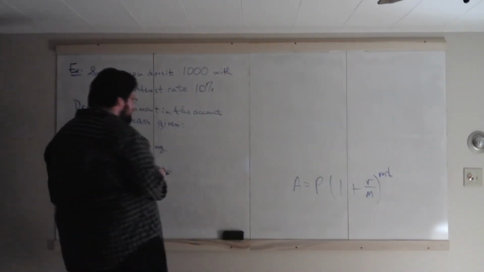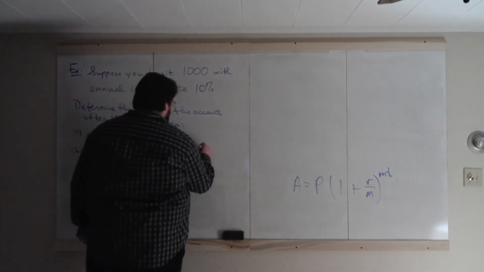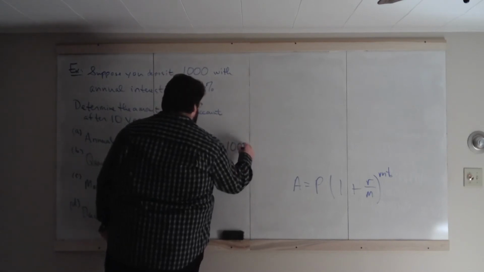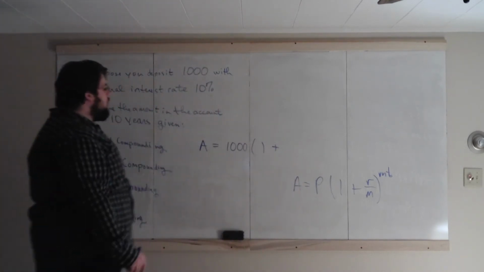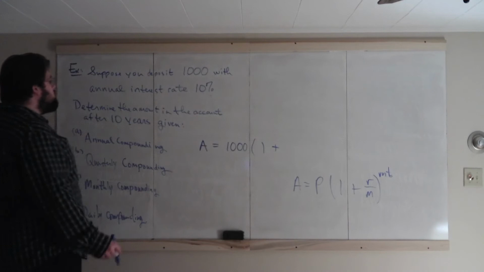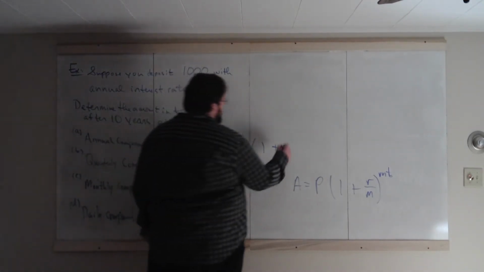So I'm going to just answer these going straight across the board. So for part A, for annual compounding, we have A equals P, which is 1,000, times (1 plus r over m). What's r? Well, for that formula, we assume an annual interest rate, which is what we have. So r is 0.1.